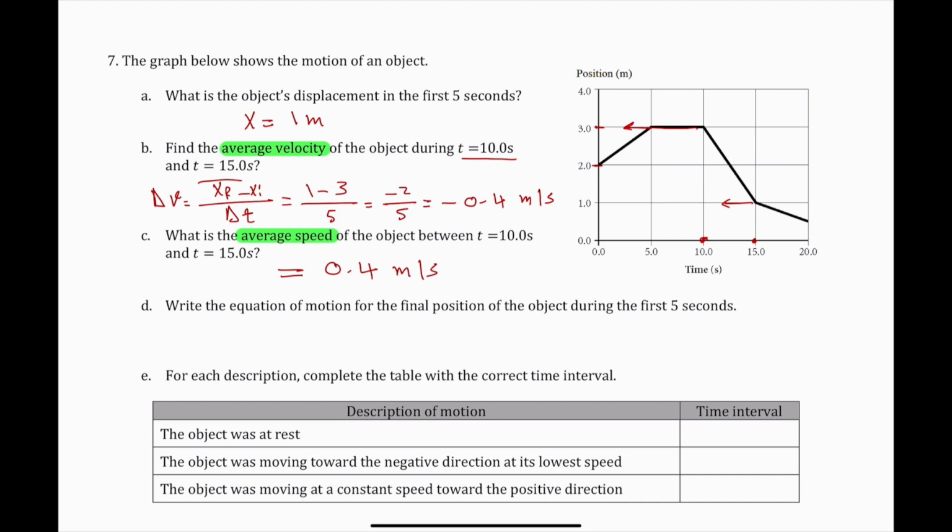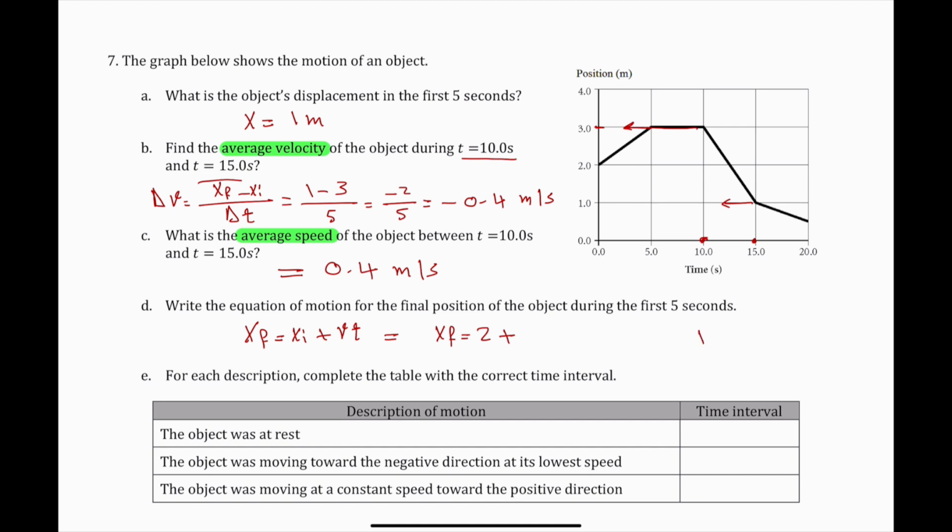D. Write the equation of motion for the final position of the object during the first 5 seconds. We know it. X final equals x initial plus vt. Now we put the values, so x final equals, the initial position here is 2 from the graph, plus, during the first 5 seconds we need to get the v.